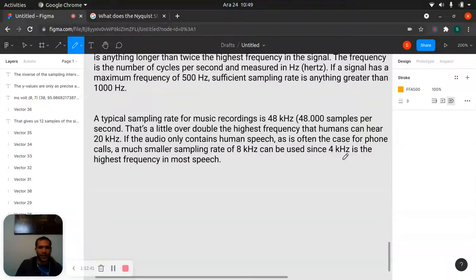So just think, if the frequency of the sound is 4 kilohertz, our sampling rate will be 8 kilohertz. So it will always be like that.